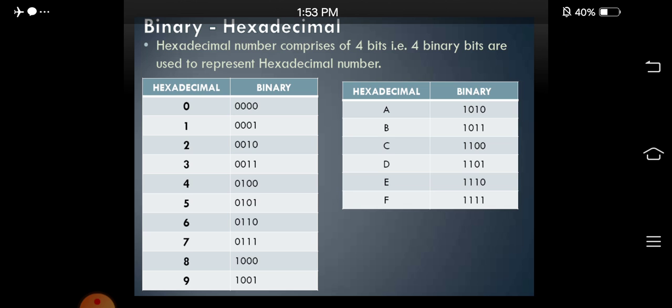Then binary to hexadecimal. As we discussed, octal has only 8 digits, 0 to 7. As we are discussing hexadecimal, it has 16 digits. So each hexadecimal digit has a 4-bit group.